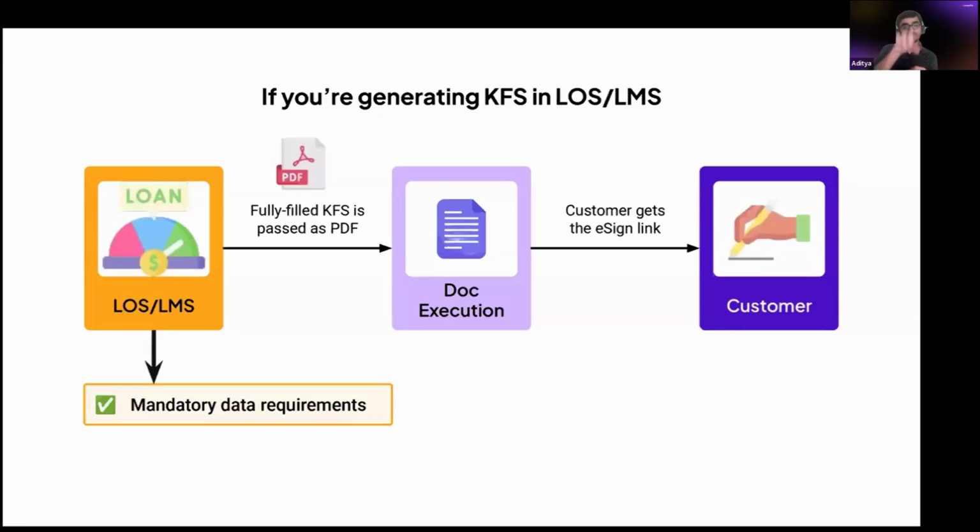So it takes the data and populates the data on the KFS and then generates the final PDF, which is passed on to the document execution process, whether physical or digital, and then that process happens with the signer, right? So here you will need a check built in your LOS LMS, which is generating the final PDF, where the creation of KFS is not permitted unless certain mandatory fields are filled in, right?